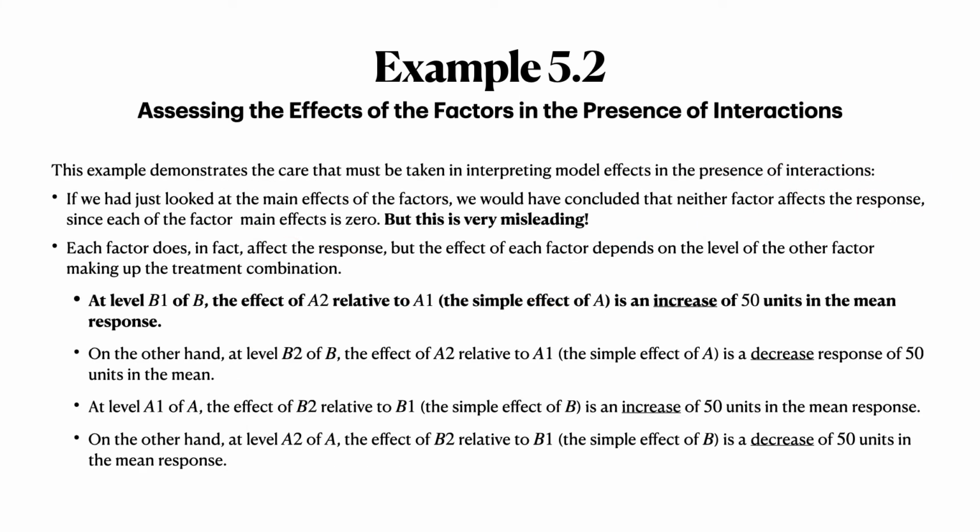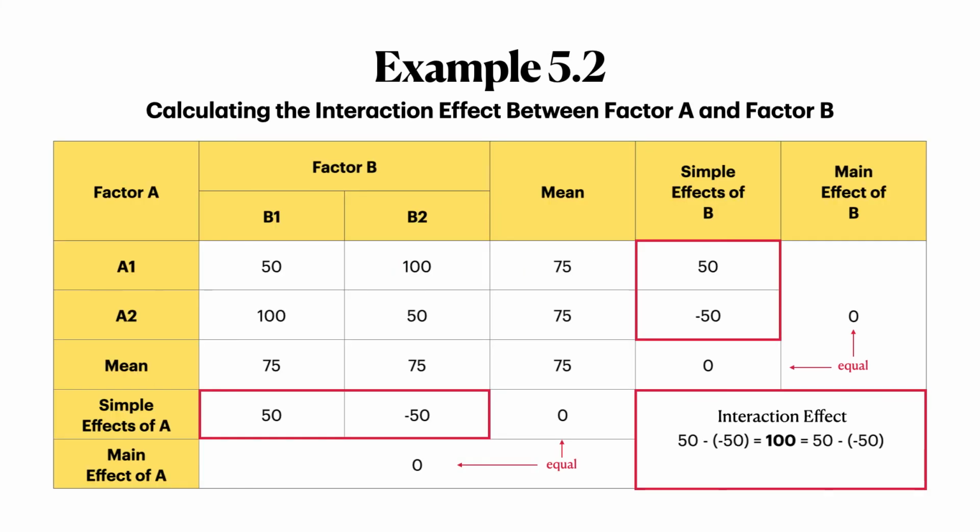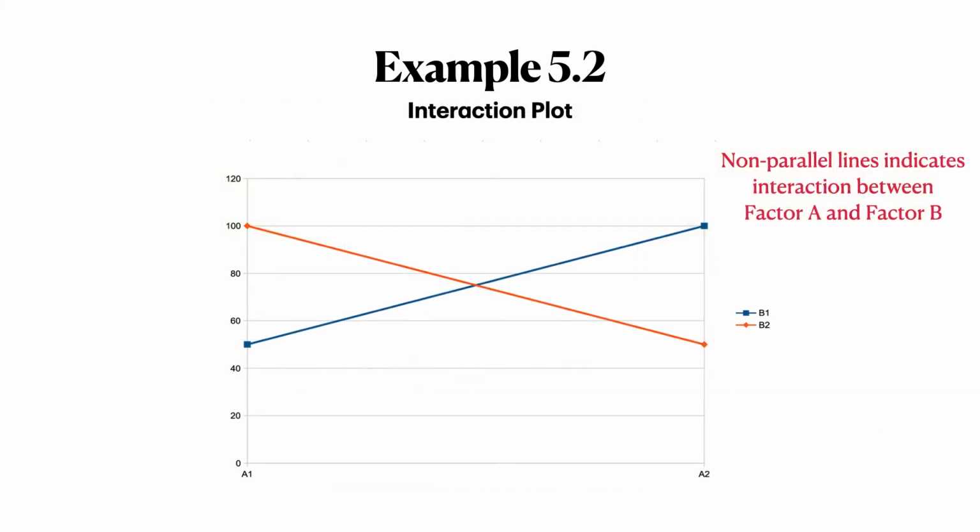Okay, so assessing the effects of the factors in the presence of interaction. When we have strong interaction, as in this example, given these treatment combination means, we've got a lot of interaction. The value of the interaction effect is 100, and we see here in the interaction plot that the lines are not only not parallel, but they cross.